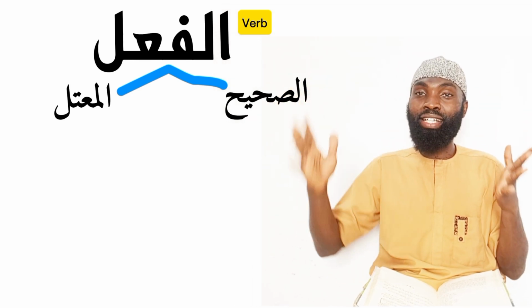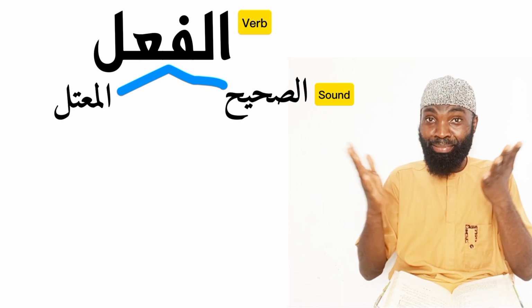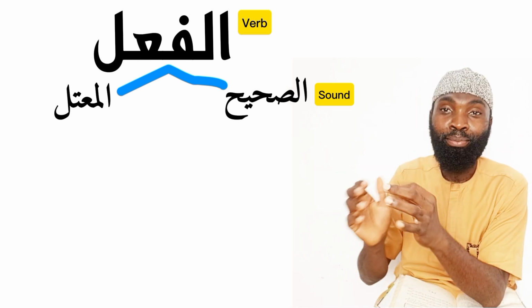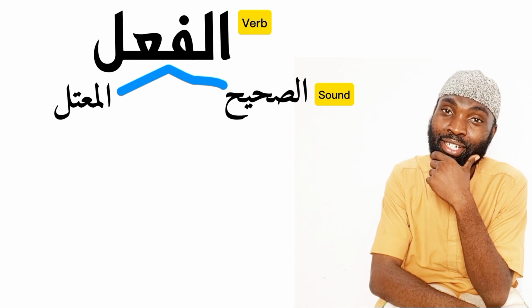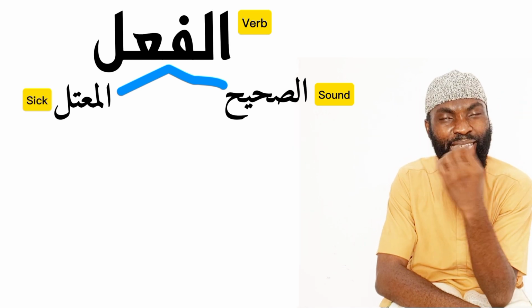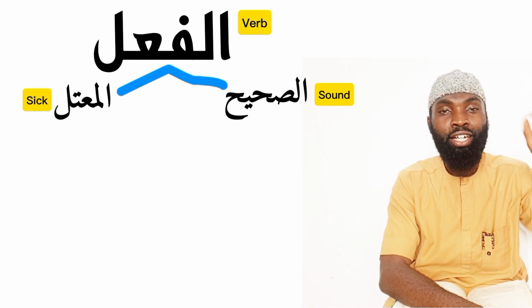We said the first category we have is al-fi'l sahih, and that means what? Good, that is sound verb. And we have the second category, which is al-fi'l mu'tal, that is what? The weak or the unsound. You can even call it the sick verb.